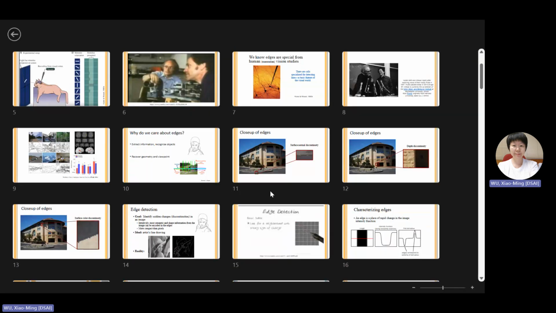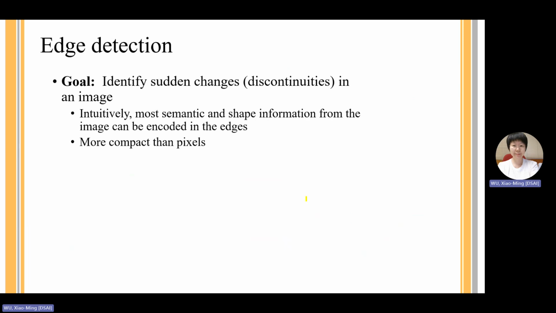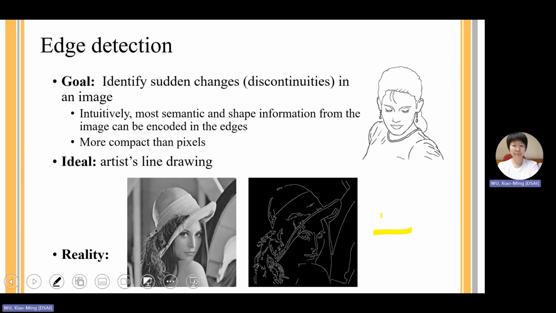What is an edge map? For example, this is an edge map. Okay, so edge maps are foundations for advanced vision tasks such as segmentation, recognition, scene understanding. So edge map is a foundation for many complex vision tasks.